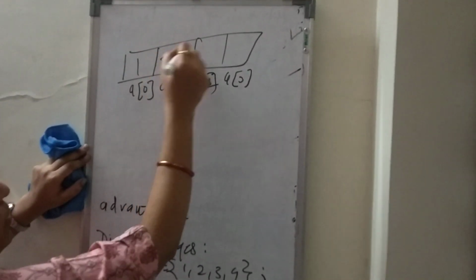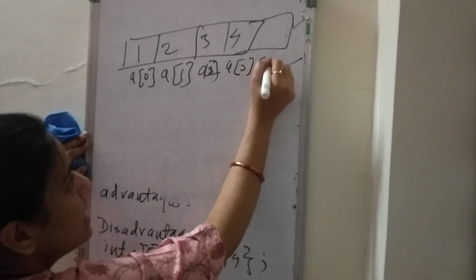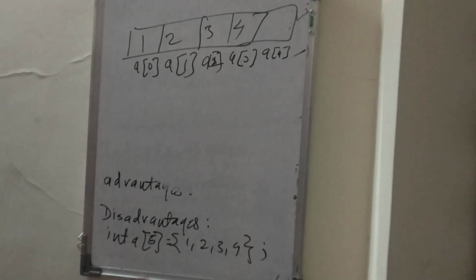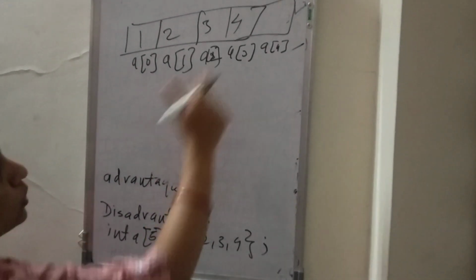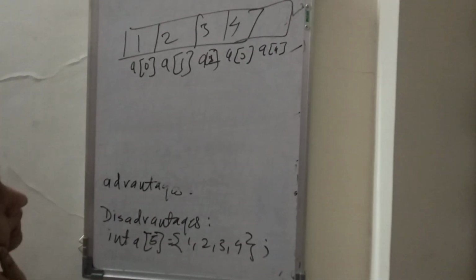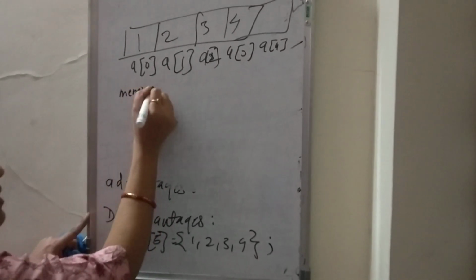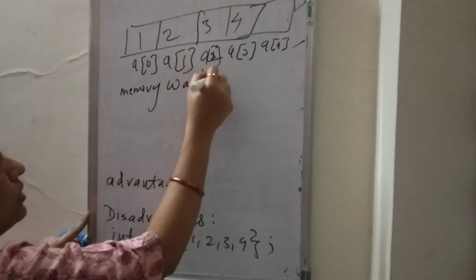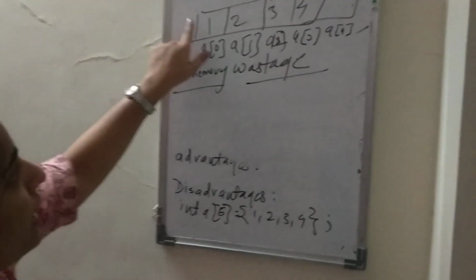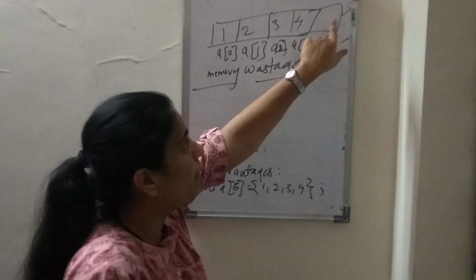So 1, 2, 3, 4. But as the size is A of 5, I have considered here 4 elements. So here one block is what? We cannot take any elements in that particular block. So here memory wastage is there. This is disadvantage, wastage of memory, because I am considering only 4 elements. So this block is empty. I am not taking any element inside this block.